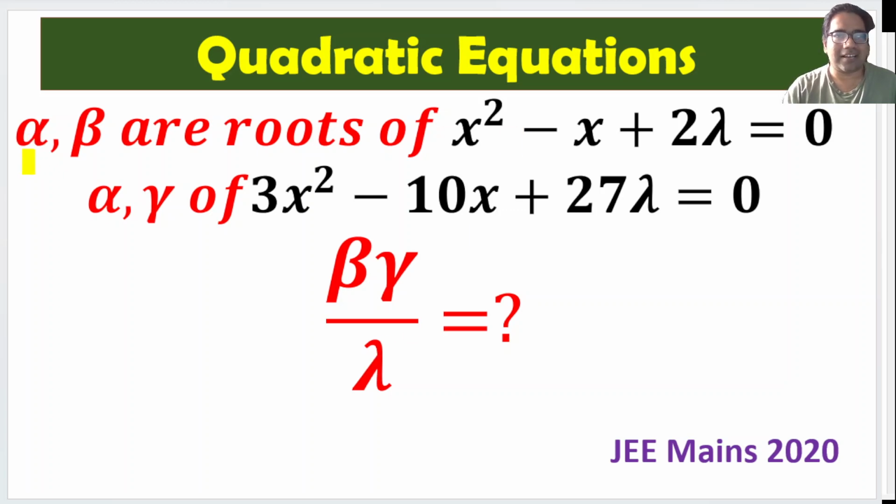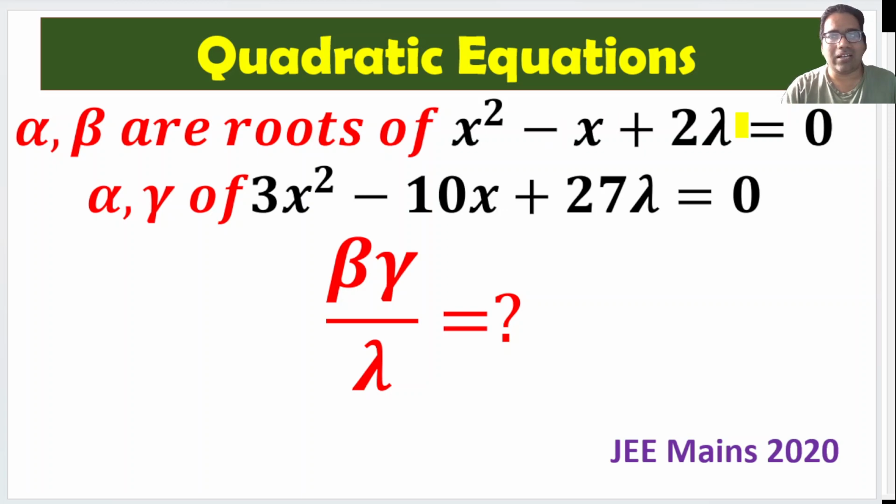If you notice, this alpha, the root, is there for both the equations. The same root for both the equations. Alpha is a root of x square minus x plus 2 lambda and also of 3x square minus 10x plus 27 lambda. That means alpha square minus alpha plus 2 lambda equals 0. Similarly, 3 alpha square minus 10 alpha plus 27 lambda is also equal to 0, because alpha is the root of this equation and this equation.